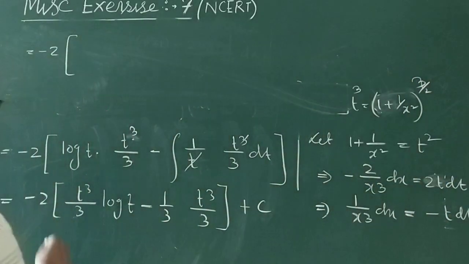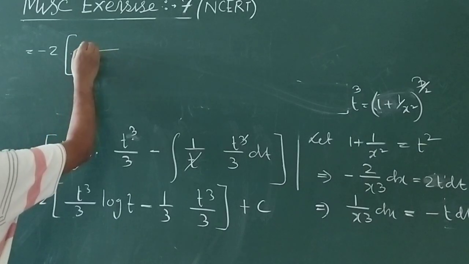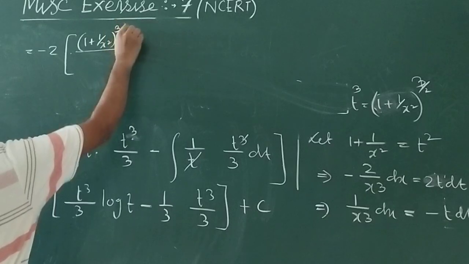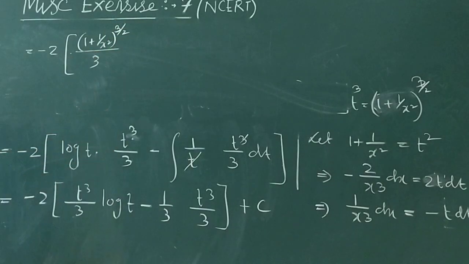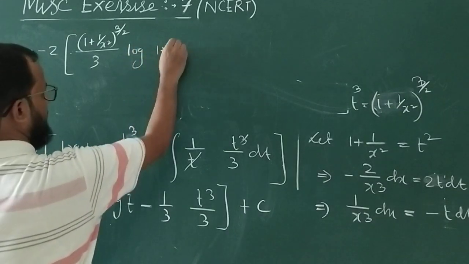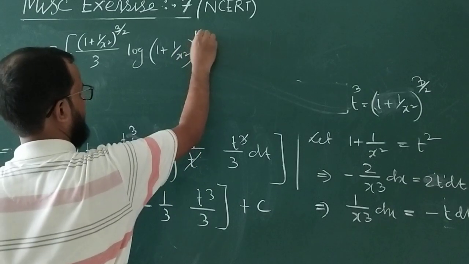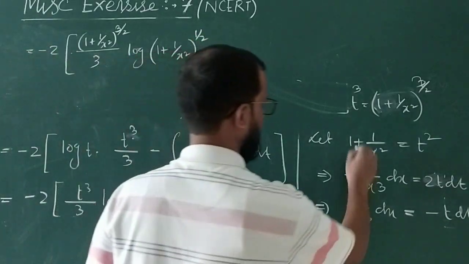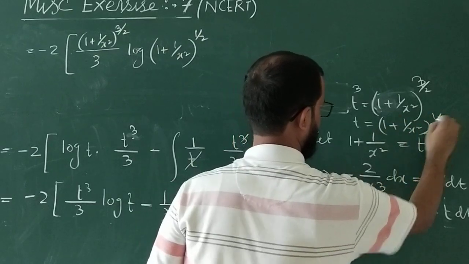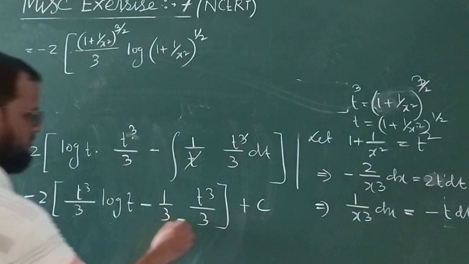So in the first expression it will be 1 plus 1 by x square whole to the power 3 by 2 divided by 3. And this is into log t. T means 1 plus 1 by x square whole to the power half. This is your t. T क्या था? T equal to 1 plus 1 by x square whole to the power half. ठीक है? And then minus 1 by 9.